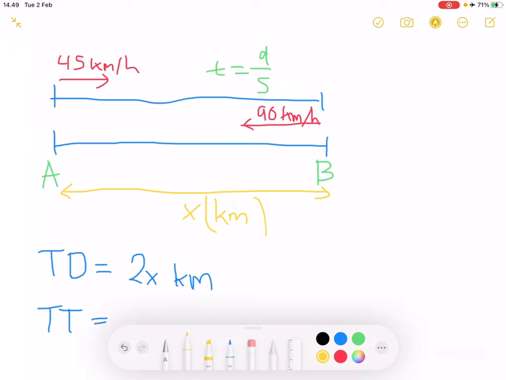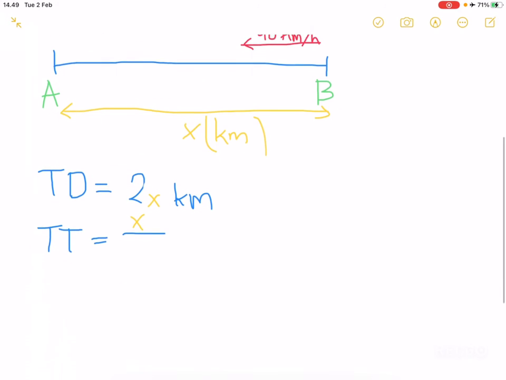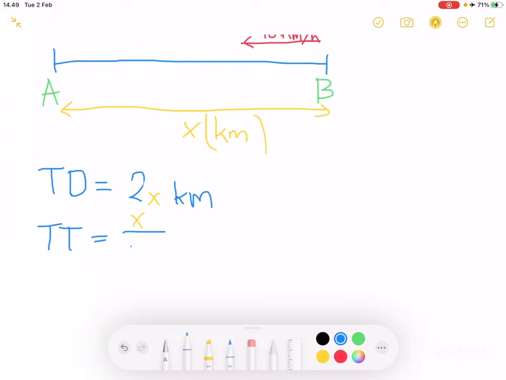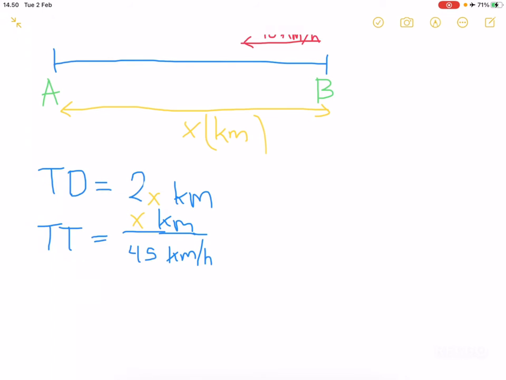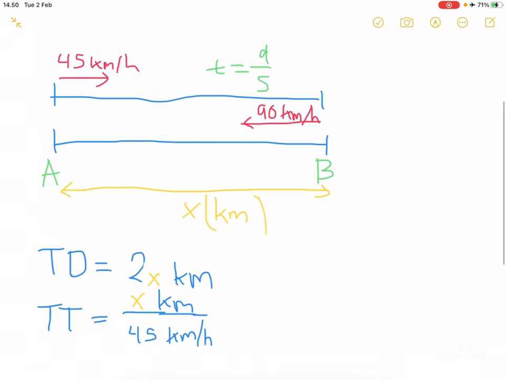So the distance will be x over the speed, which is 45 kilometers per hour. And make sure when you write some information, you also write down the units, because sometimes it could be confusing for others to read your answer if you didn't put any units.